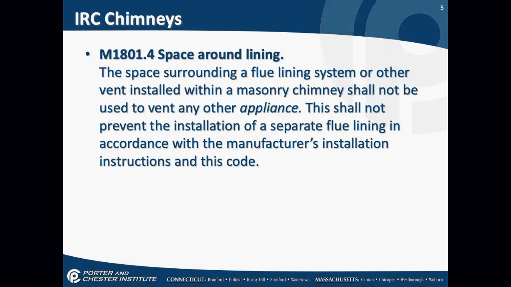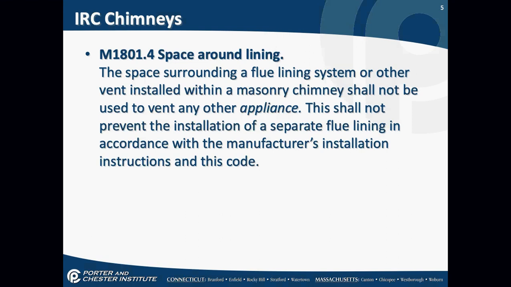1801.31 and 1801.34. The space surrounding a flue lining system or other vent shall not be used to vent any other appliances. In other words, if we put a flue or a lining down a chimney, we can't connect another appliance into the space surrounding that pipe.